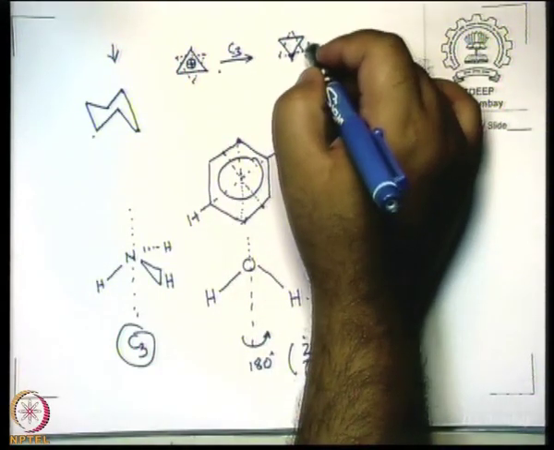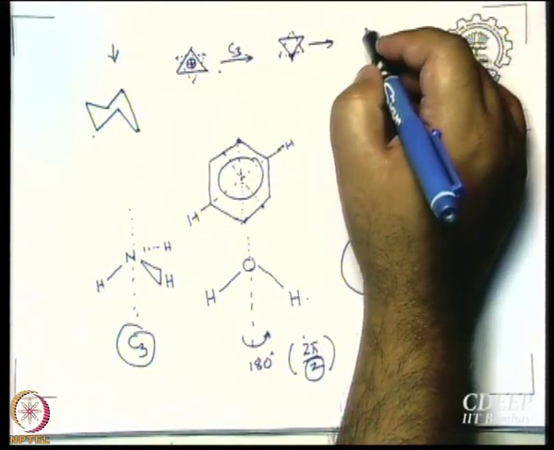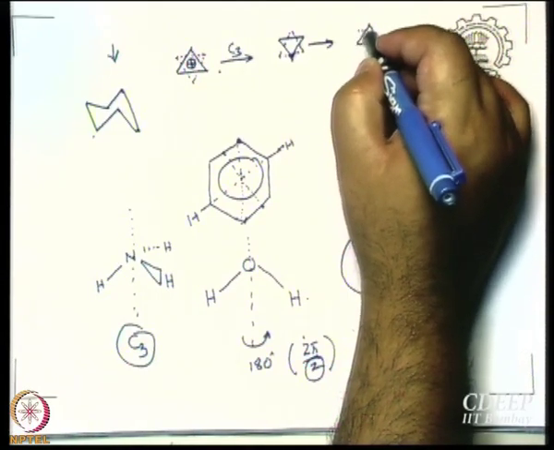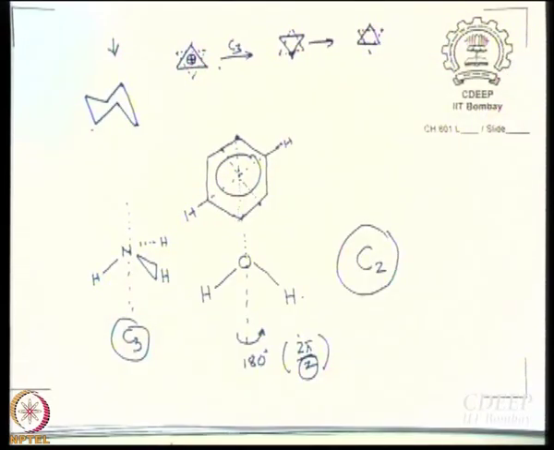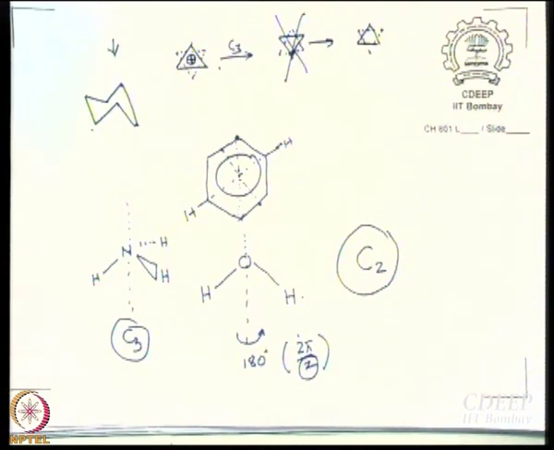Oh, that is C6. So, if I perform another C3, then what will I get? I get identical or indistinguishable, right? So, where is then, what do we draw now? This is your C3 axis, fine.